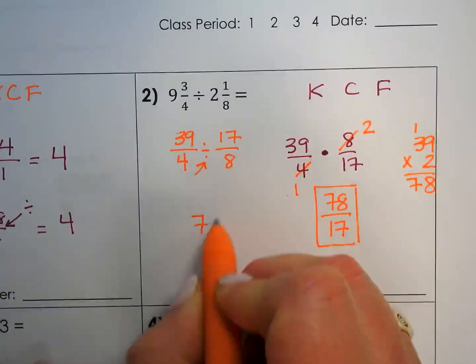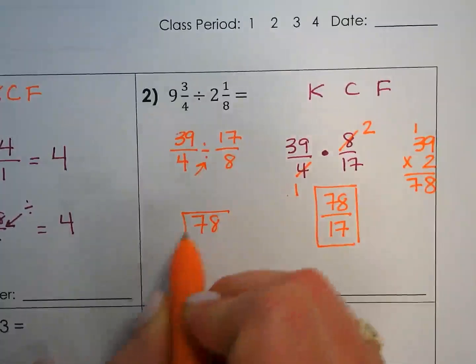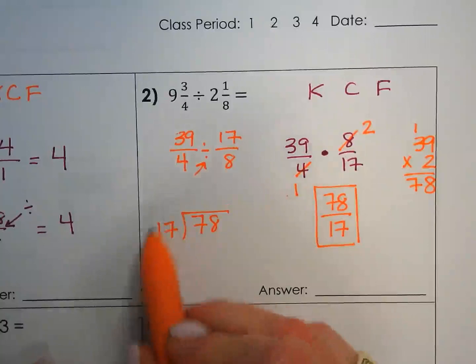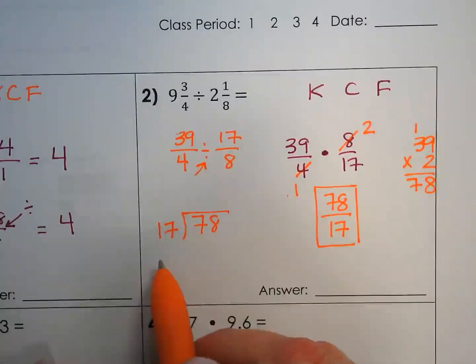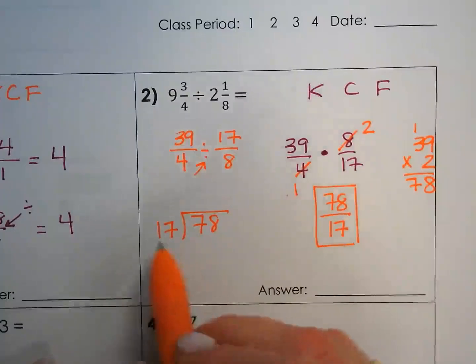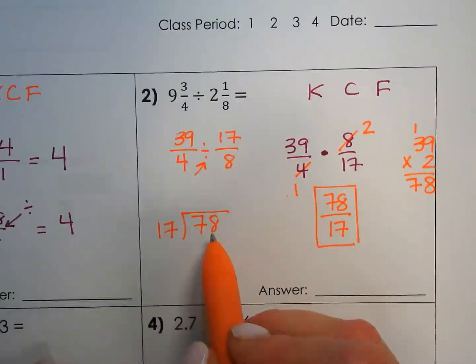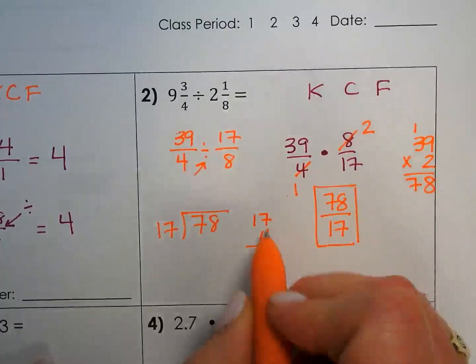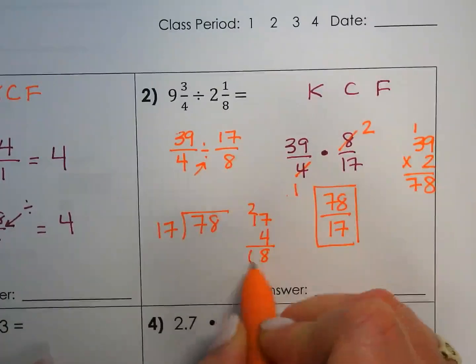We do that by taking the top number, the numerator, and dividing it by the bottom number, the denominator. I know 17 is kind of close to 20, and 78 is kind of close to 80. So I'm going to guess that 20 goes into 80 about 4 times. So let's check that theory. 17 times 4 is 68.